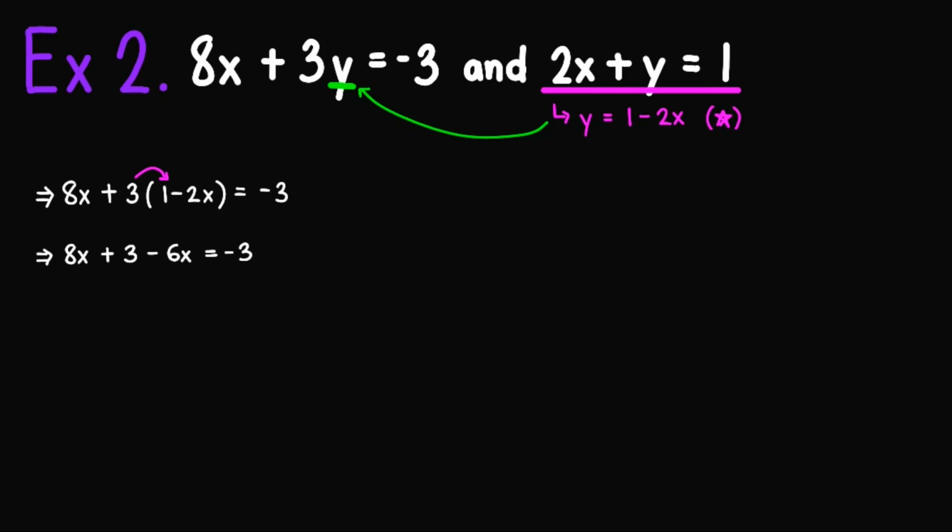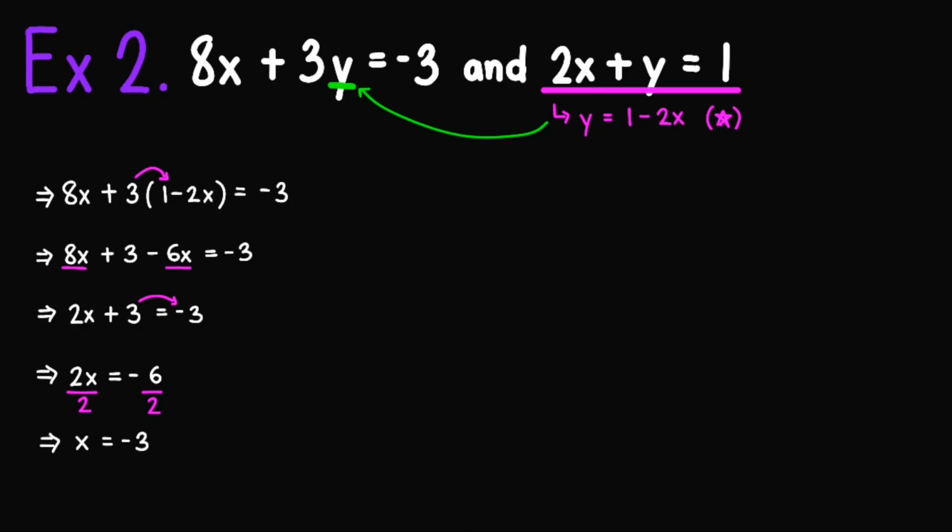Then, since we have 8x and 6x, we can add them to get 2x plus 3 equals negative 3. Move 3 to the right and we get 2x equals negative 6. Lastly, we divide both sides by 2 to get x equals negative 3.